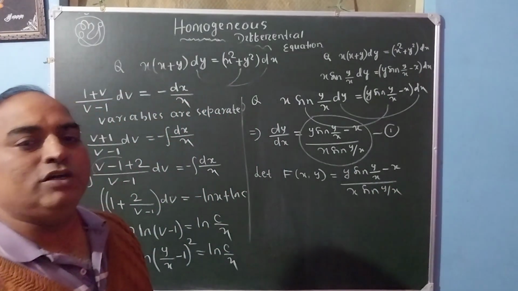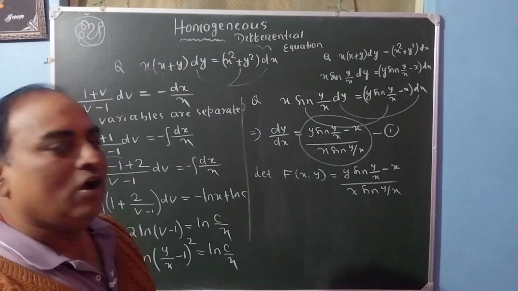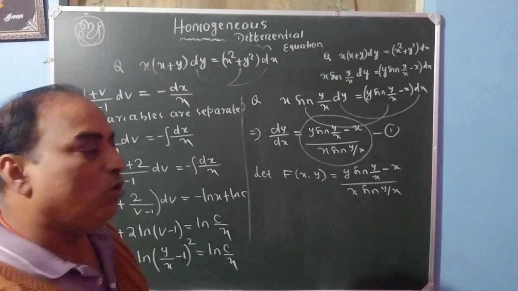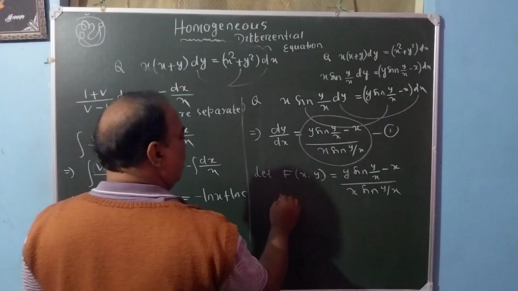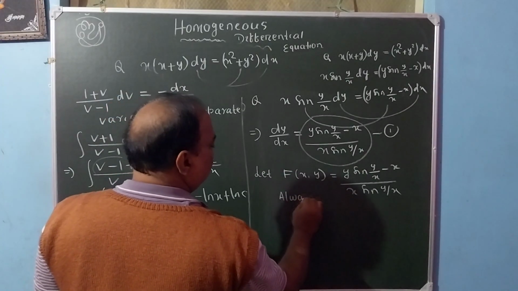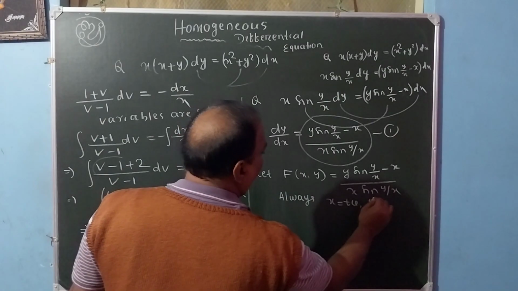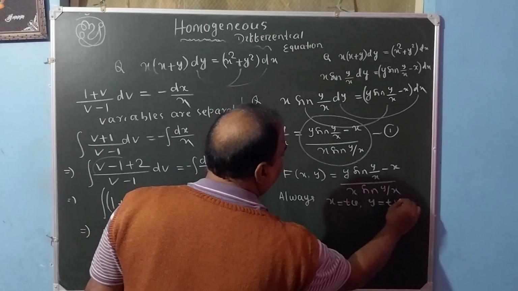For checking of homogeneous function, always put x is equal to tu, y is equal to tv.